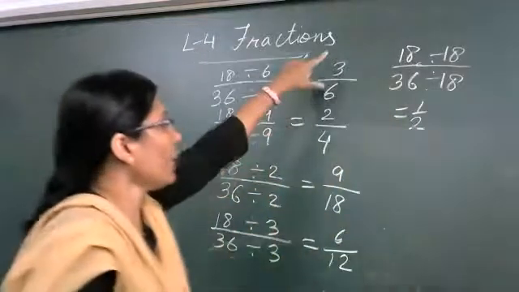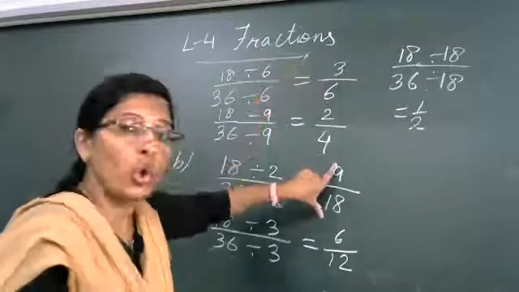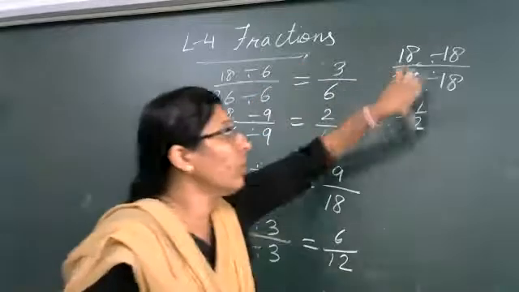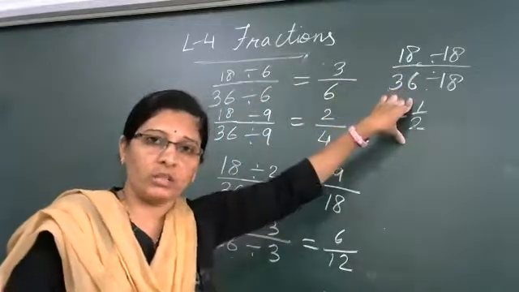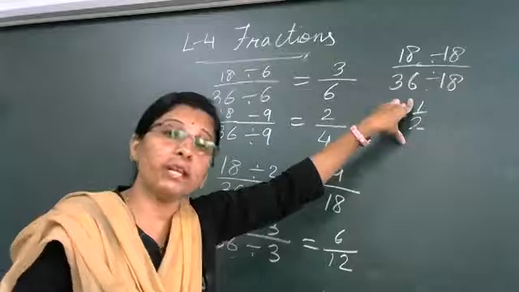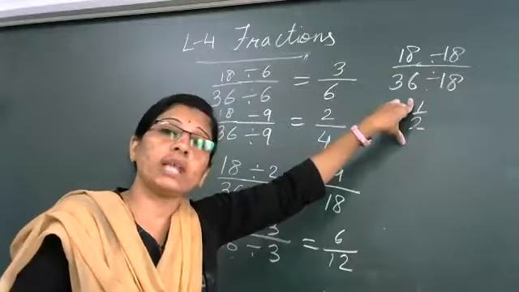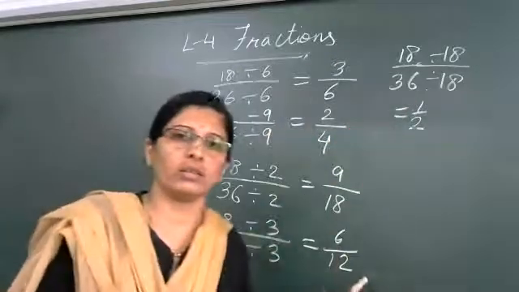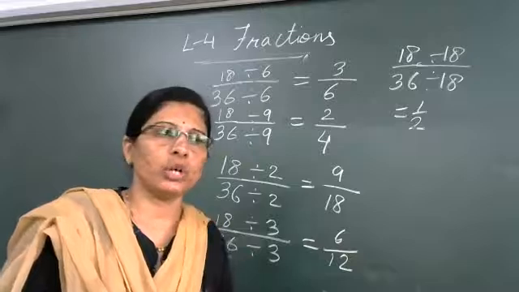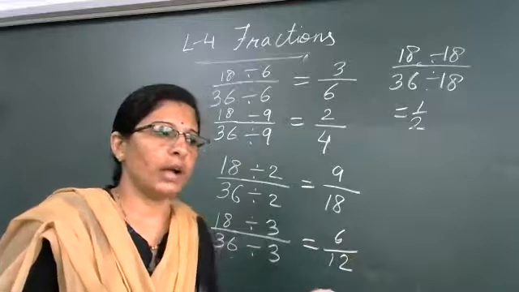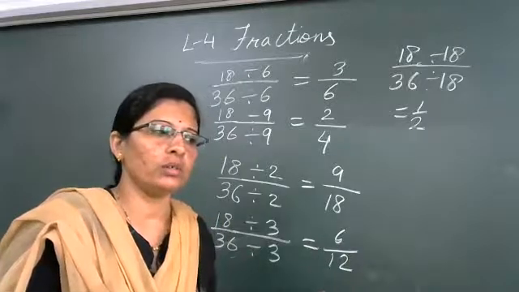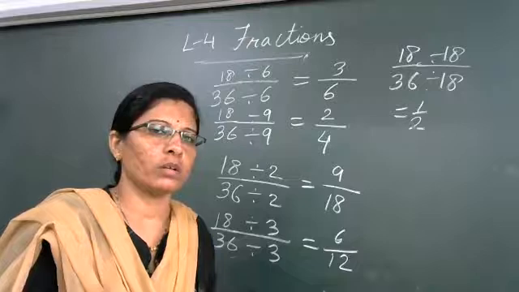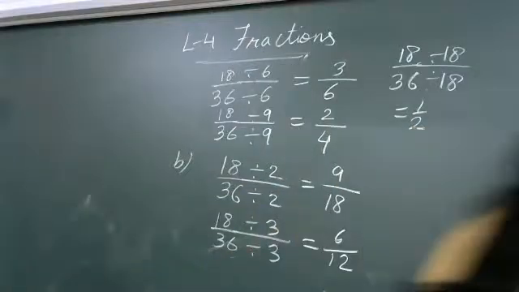Okay, so here you can see we have got so many equivalent fractions. So like this with the division method, for some fractions we can find many equivalent fractions. Understood?